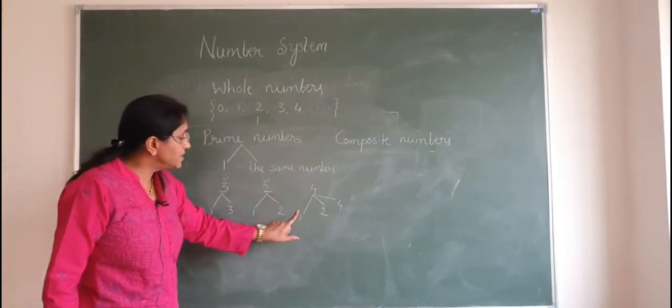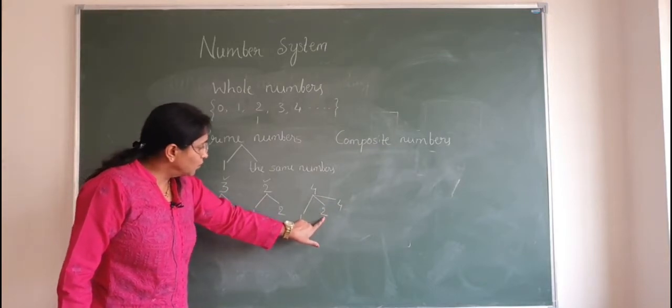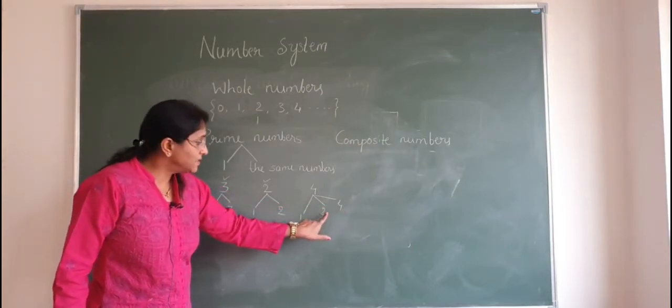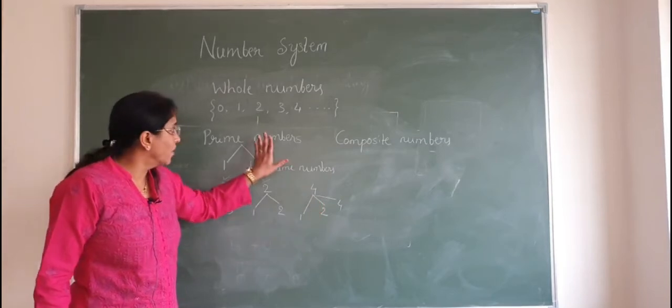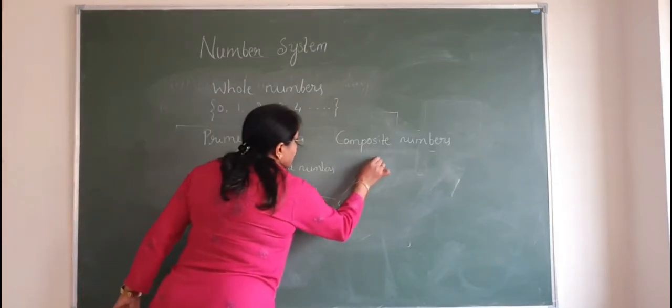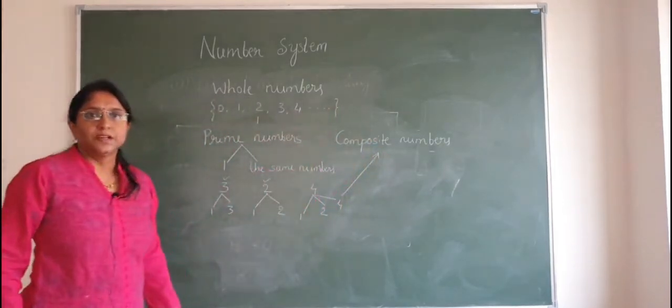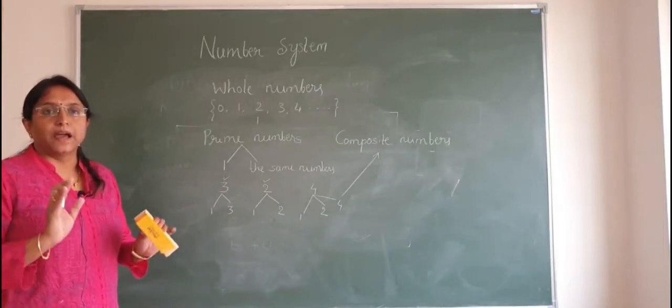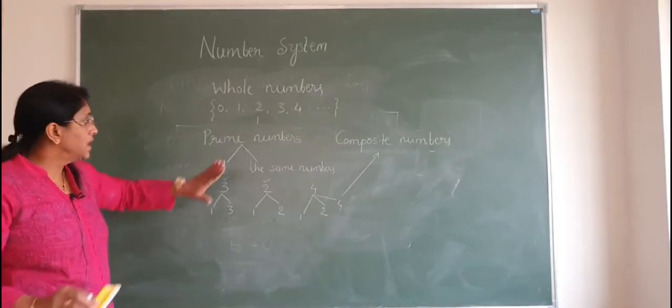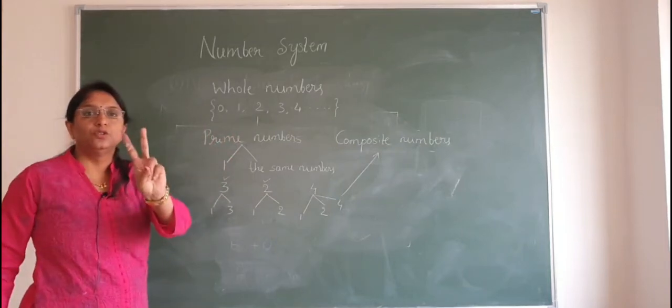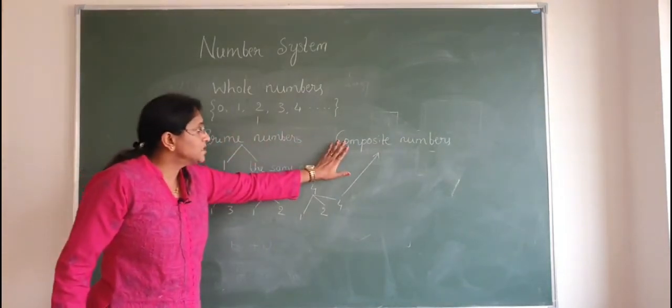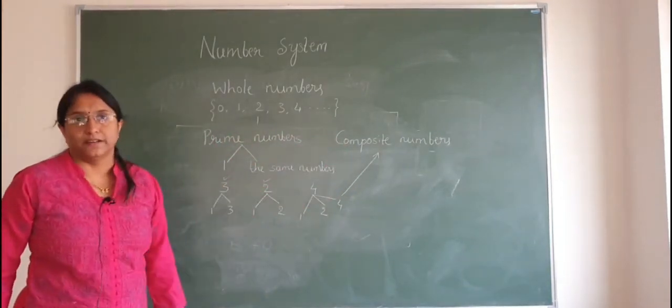But 4 is divisible by 1, 2 and the same number. This is extra. Then it is not a prime number, but it is a composite number. So overall, to remember: prime numbers have 2 factors. Composite numbers have more than 2 factors.